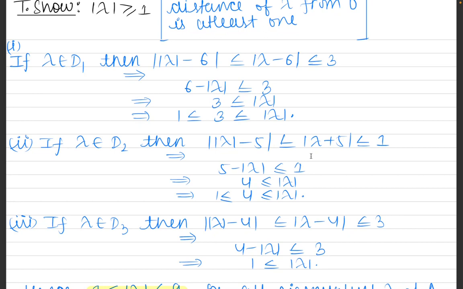Then mod lambda minus 4 is less than or equal to 3. This is D3, right? So the first step follows from the reverse triangle inequality, and you have this.